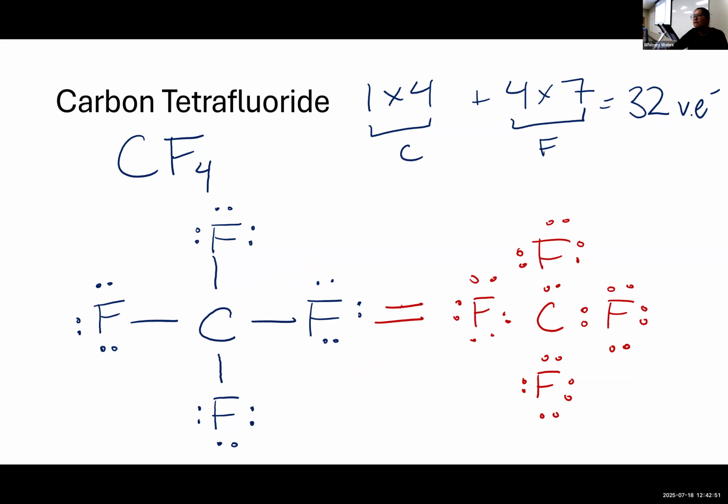So once again, if you were asked to do the Lewis dot structure, you don't have to pick and say, this is the more right one. You can do either of them. But it's important to be able to distinguish between both of them. Both of these are valid, both of these are correct, and both of these are considered correct Lewis dot structures.